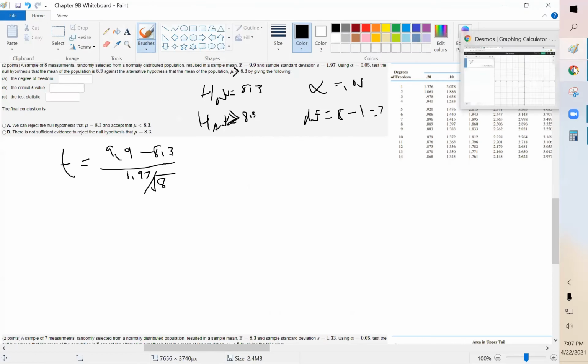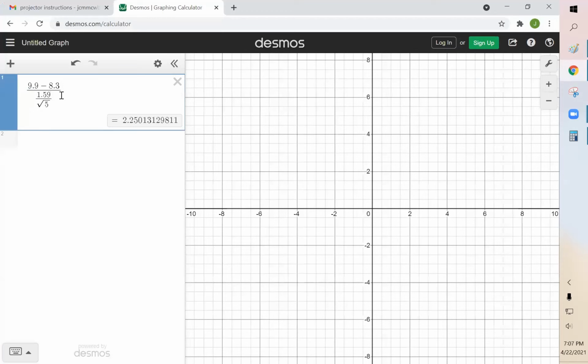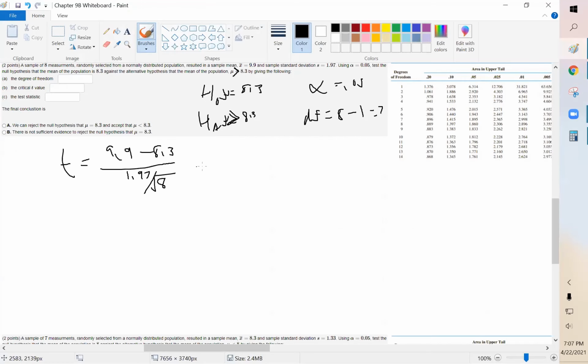And then we had 1.97 over the square root of 8. So we have a test statistic of 2.297. So if you wanted to, negative absolute value of t would be negative 2.297. In this case, doesn't really matter because you're still getting the range.